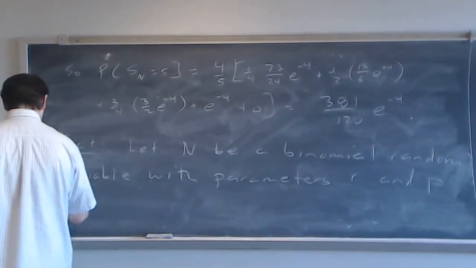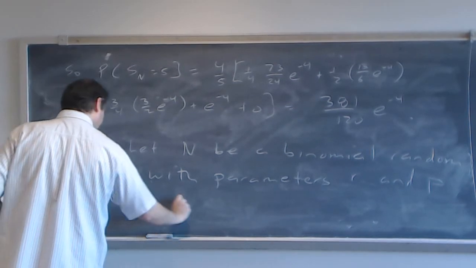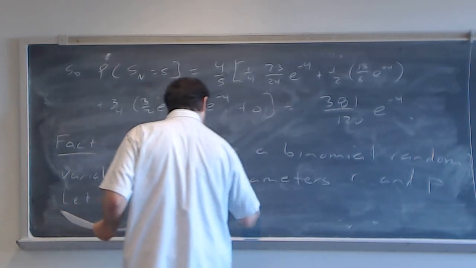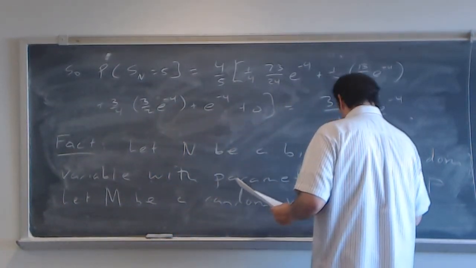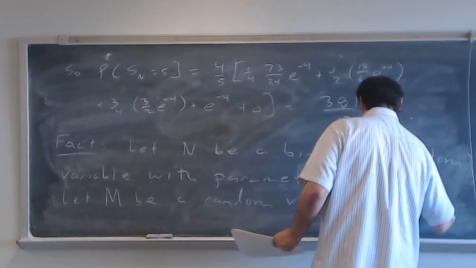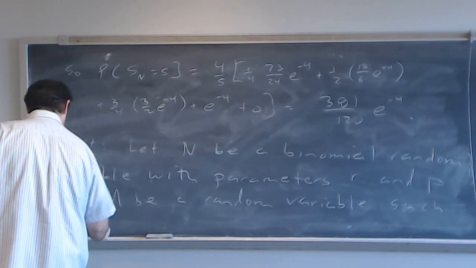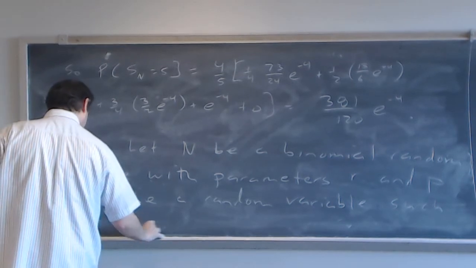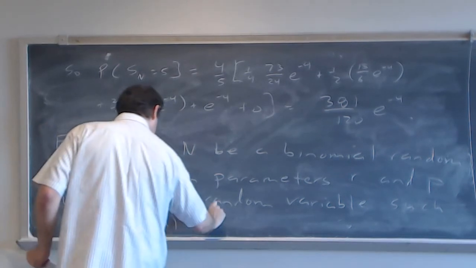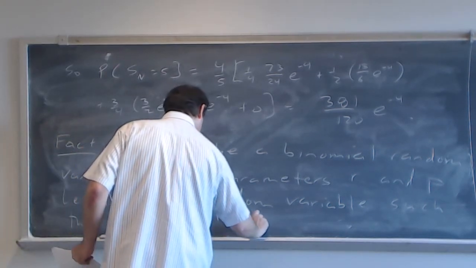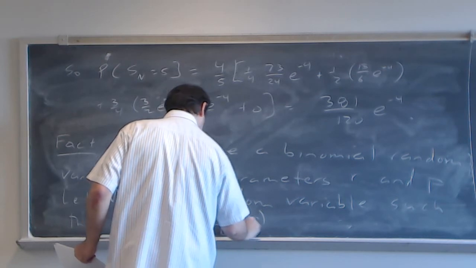Let m be a random variable such that the probability that m equals n is equal to n times the probability that n equals n over the expected value of n.